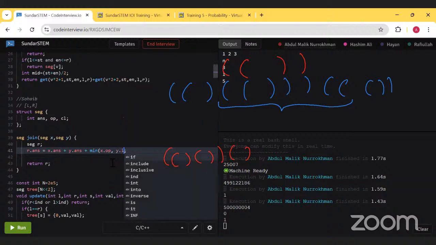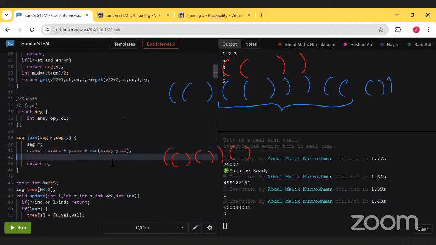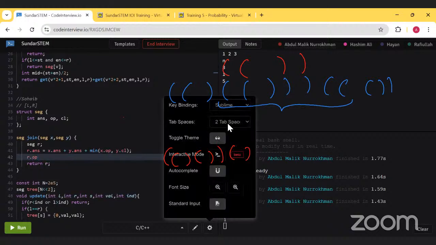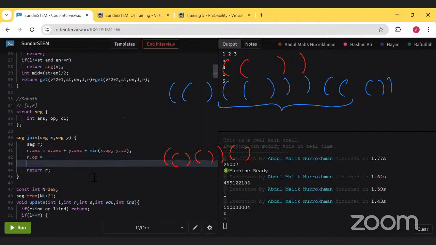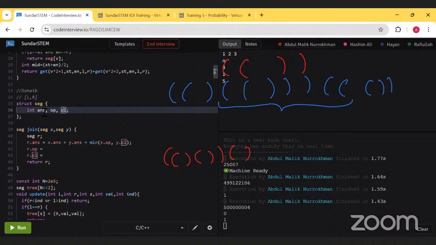Then what is the formula of open and close here? Can you make the formula? This is open and this is closed. Anyone knows?